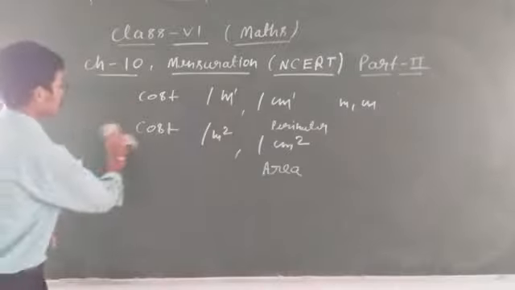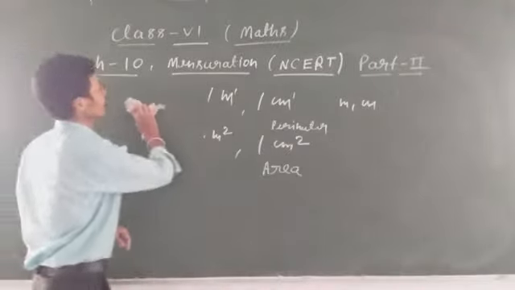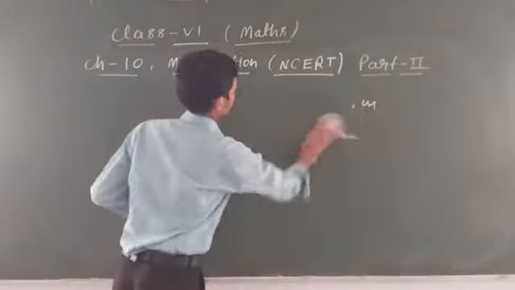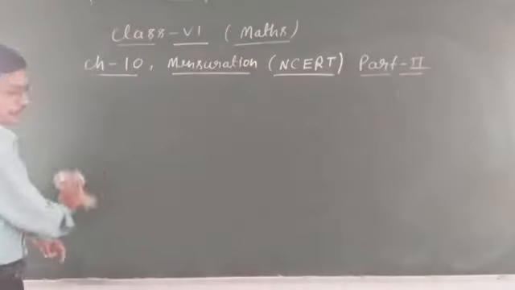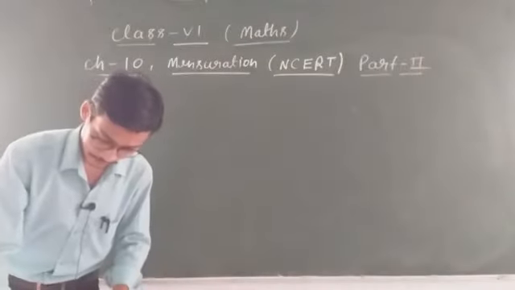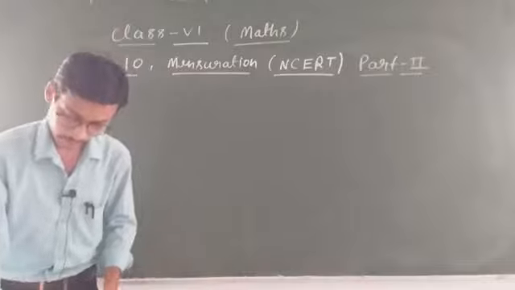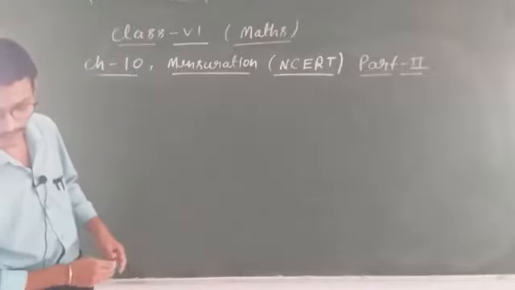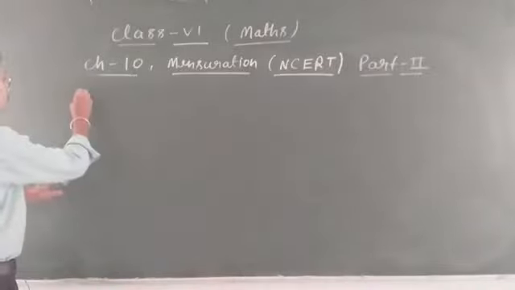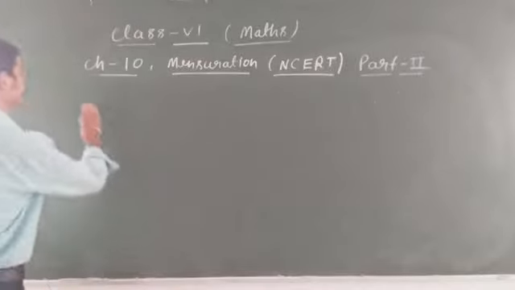Okay. So now come to this question. Come to the question, what is given, student. In question number 13: Find the cost of fencing a square park of side 250 meter. This is question number 13.